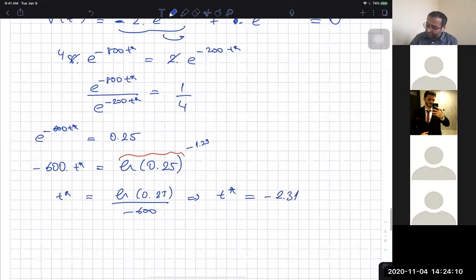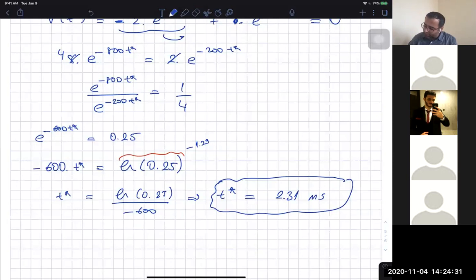What, seconds? It can't be, because this is 600 over thousands. Over 1,000? Yeah. If it's over 1,000, then I will just say this is milliseconds, right? Yeah. This should be positive, exactly, because this is negative, the result will be positive.